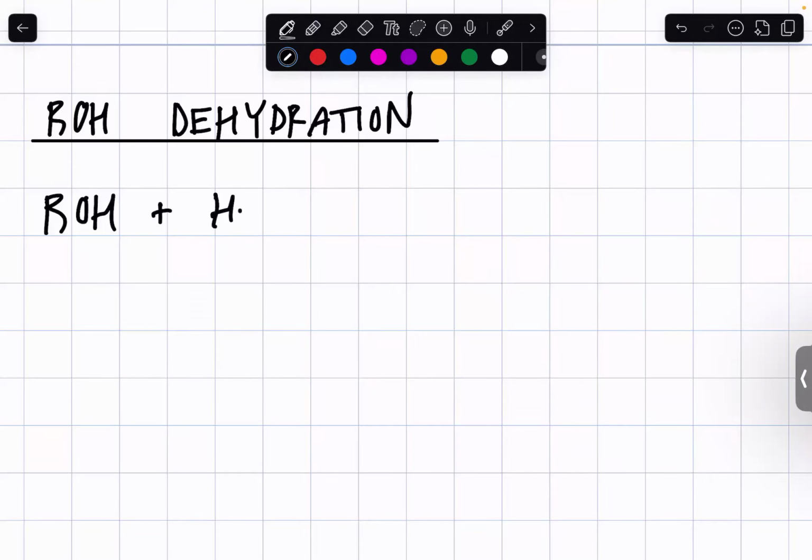Most likely you're going to see sulfuric acid, H2SO4, with some heat, right? Which is shown as this delta or triangle symbol, and that's going to lead to an alkene.